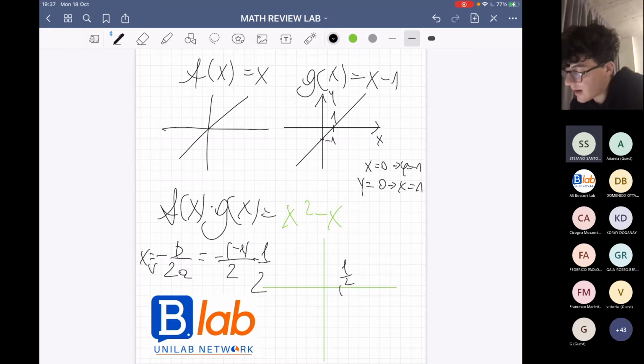And then if we want to find also y of the vertex, we simply substitute 1/2 into the function: it's 1/4 minus 1/2, so it's minus 1/4, and it's exactly here.